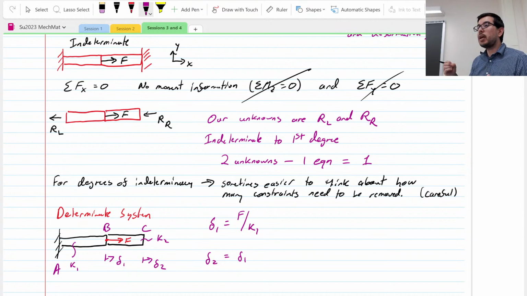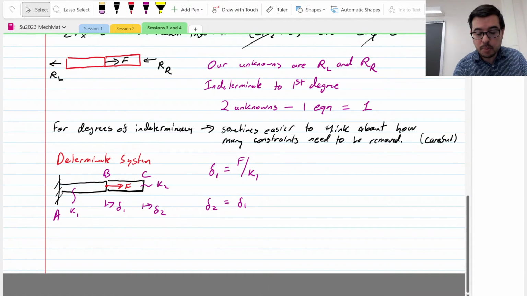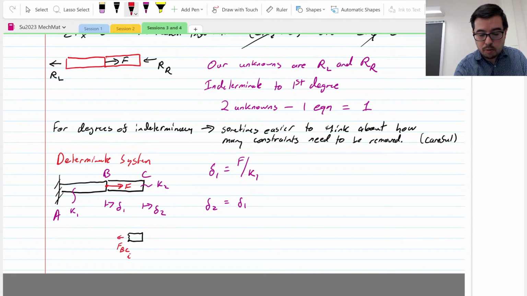0. Big fat 0, because if I do the cut there and expose the left, just to be clear, in BC I have 0. I can draw these things, but F_BC is equal to 0, so there's no deformation.